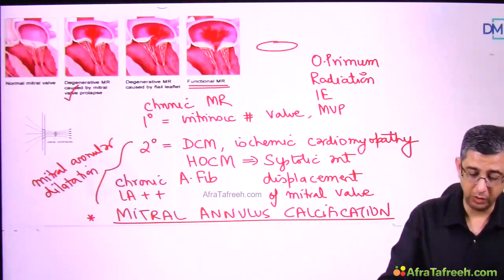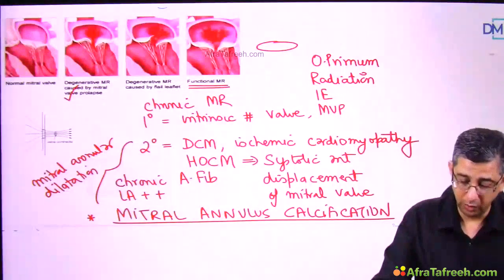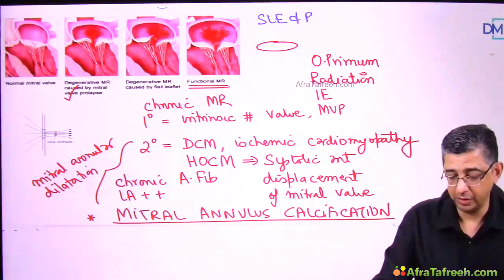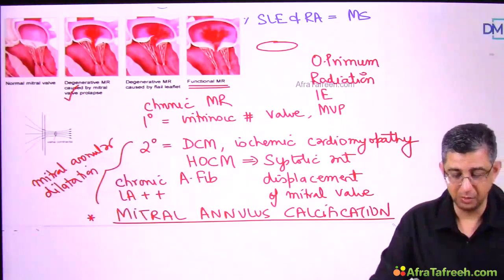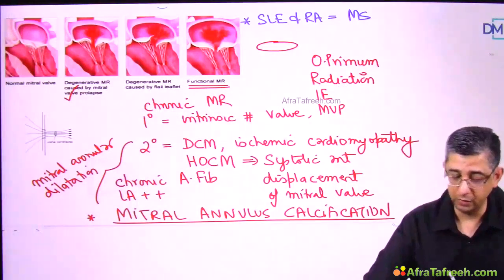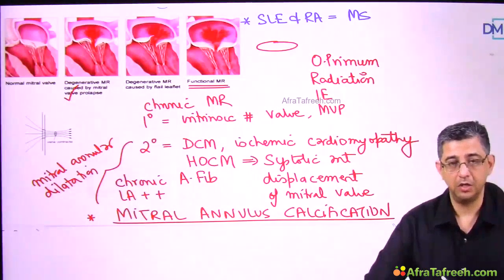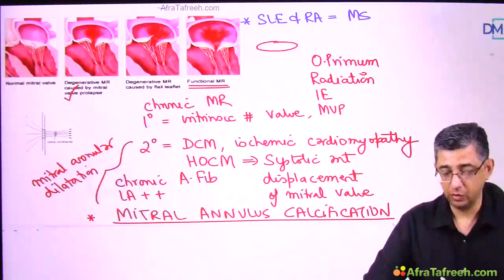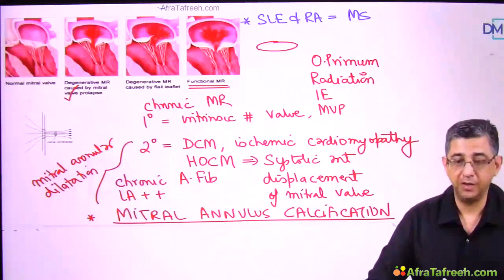Here, because I've talked about causes, I would also like you to remember some associations. One of the associations to be remembered for MCQs is that in SLE and rheumatoid arthritis patients, the valvular lesion that is associated is mitral stenosis. Remember my words, MR is related to ischemic cardiomyopathy, or is associated with ischemic damage secondary to coronary artery disease, or it could be dilated cardiomyopathy, or it could be infective endocarditis.